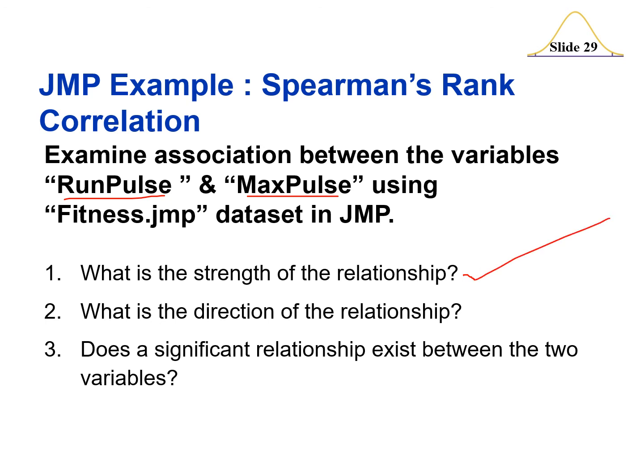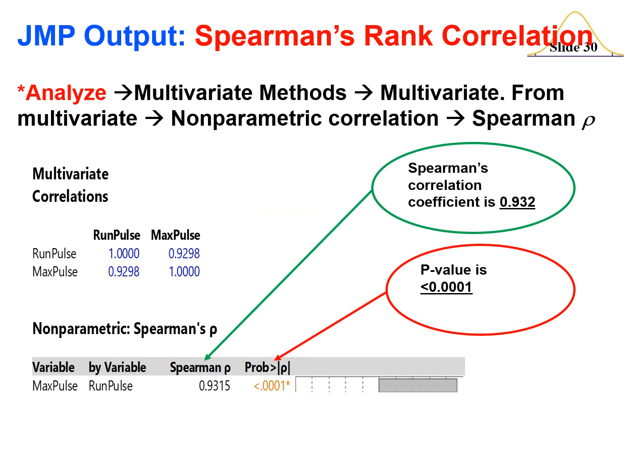Number one, strength: what is the strength of the relation? Number two, direction. Number three, significance. This is using Spearman rank correlation in the statistical software JMP.